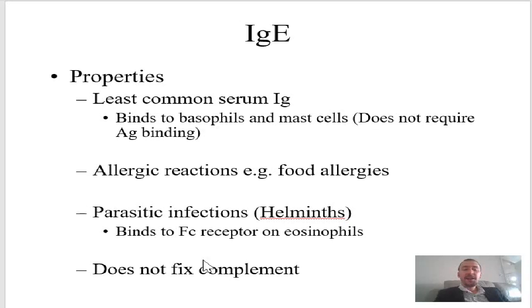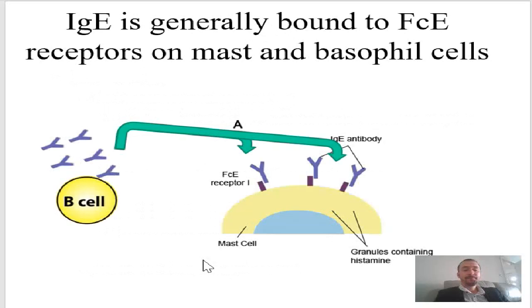IgE is one of the main reasons why we get allergic reactions, such as food allergies, like the peanut allergy example I used earlier. But in terms of an effective and protective mechanism, it's useful for fighting parasitic infections through the help of eosinophils, mast cells, etc. And it does not fix complement.